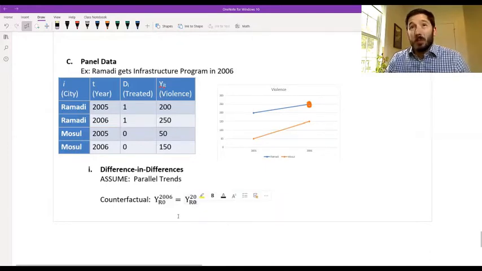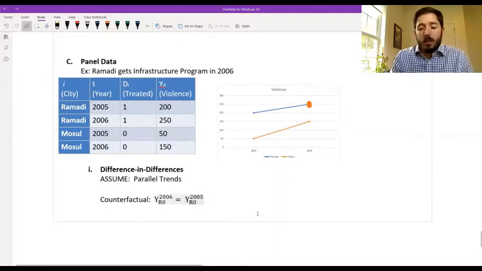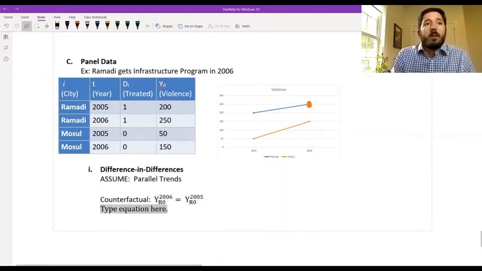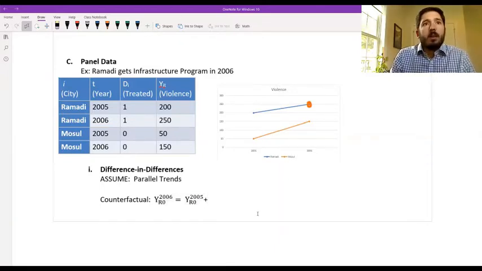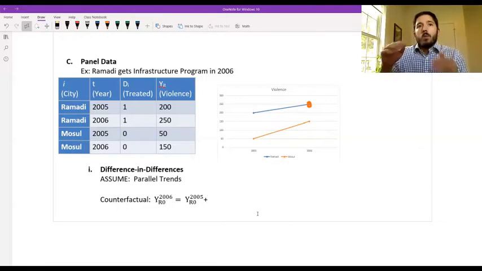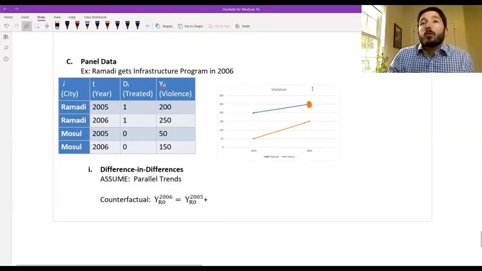That's observed, because they didn't have the treatment in 2005. And then we're going to add on the trend, because we're assuming this parallel trend, so we're assuming that what happened in Mosul between 2005 and 2006, Ramadi would have trended similarly if not for that treatment.